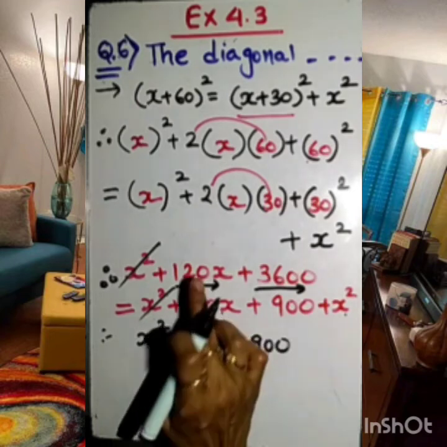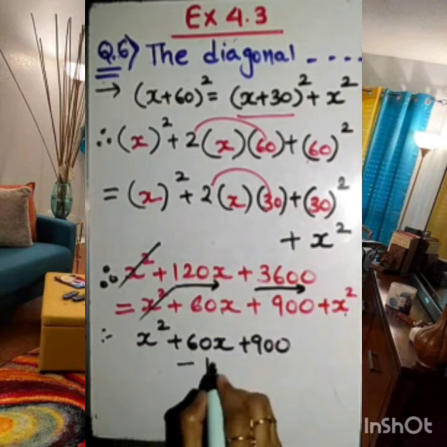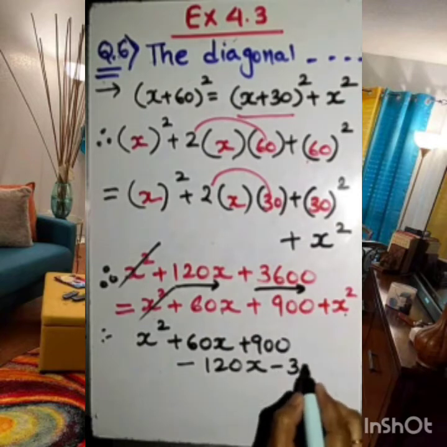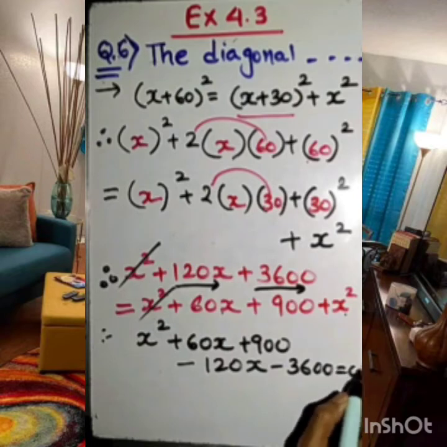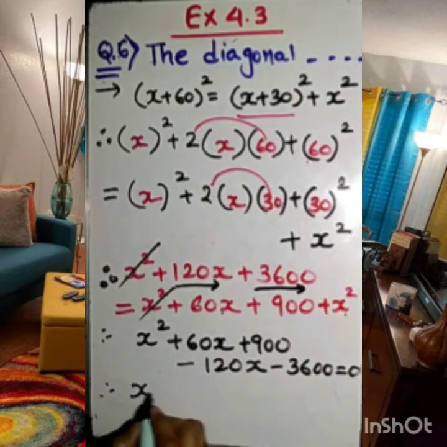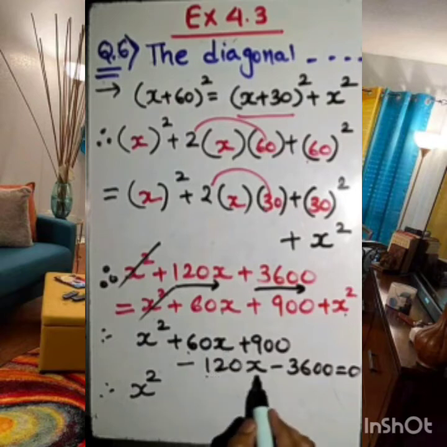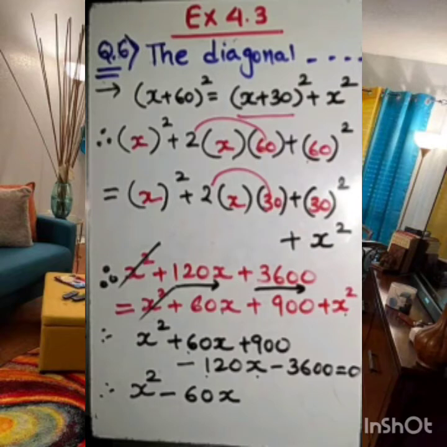This 120 I am bringing to this side, so it is minus 120x, and this minus 3600 equal to 0. Therefore, x square, plus 60x minus 120x gives the result minus 60x. What about minus 3600 plus 900? So it is minus 2700, which is equal to 0.